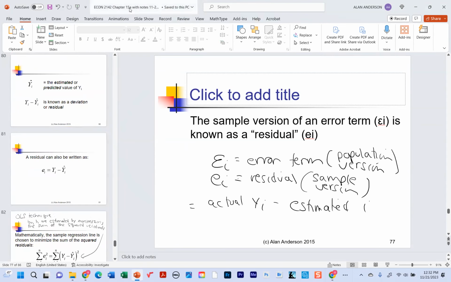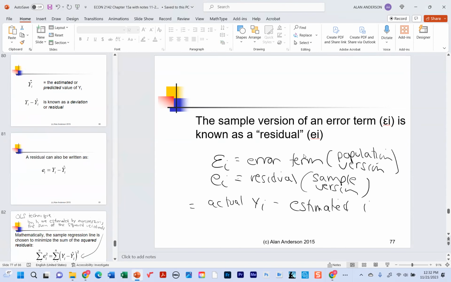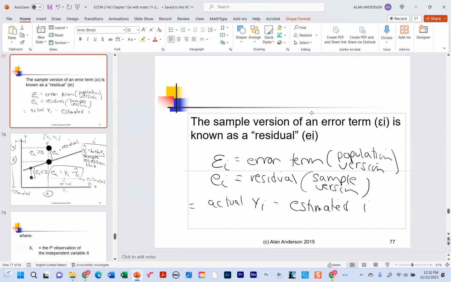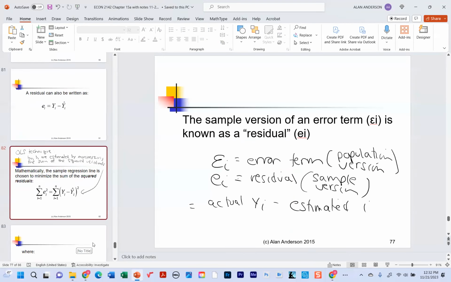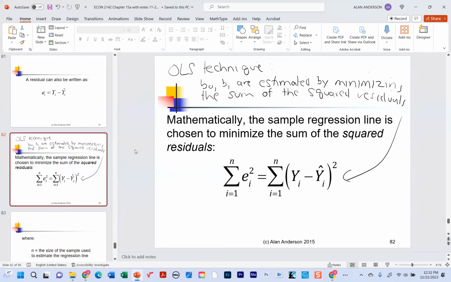So the formulas that we'll be using for regression analysis are based on a model where our goal is to do the following. Let's jump ahead here. The OLS technique we'll be using was chosen to make sure that it minimizes the sum of the squared errors or residuals.